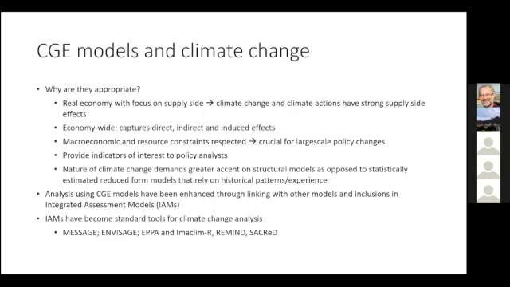They have the macroeconomic and resource constraints, which are crucial when you're looking at large-scale policy or shocks to the economy. They also provide indicators of interest to policy analysts. And because of the nature of climate change, there's greater demand for structural models as opposed to statistically estimated reduced form models, as the latter rely on historical patterns or experience.